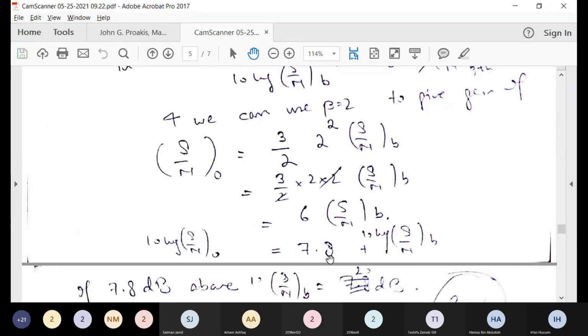So you will be getting a gain of 7.8 dB above the signal to noise ratio at the baseband level.